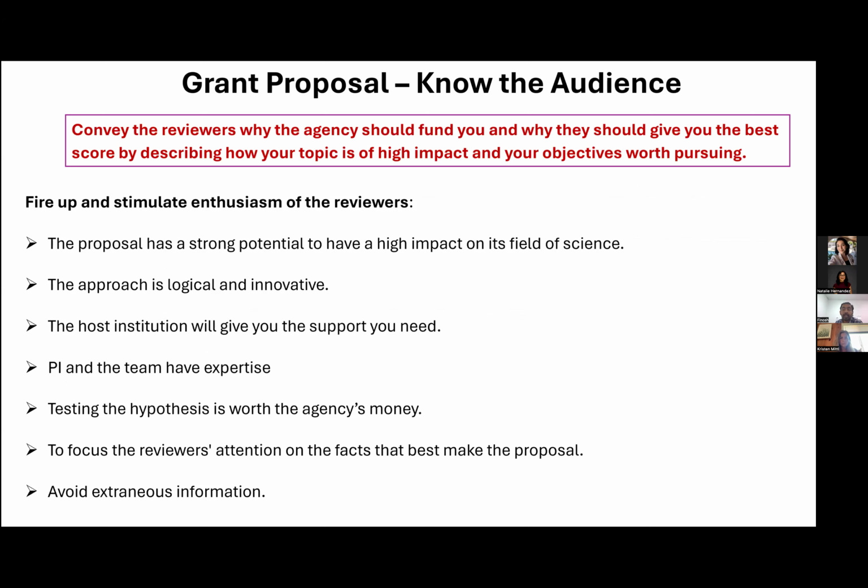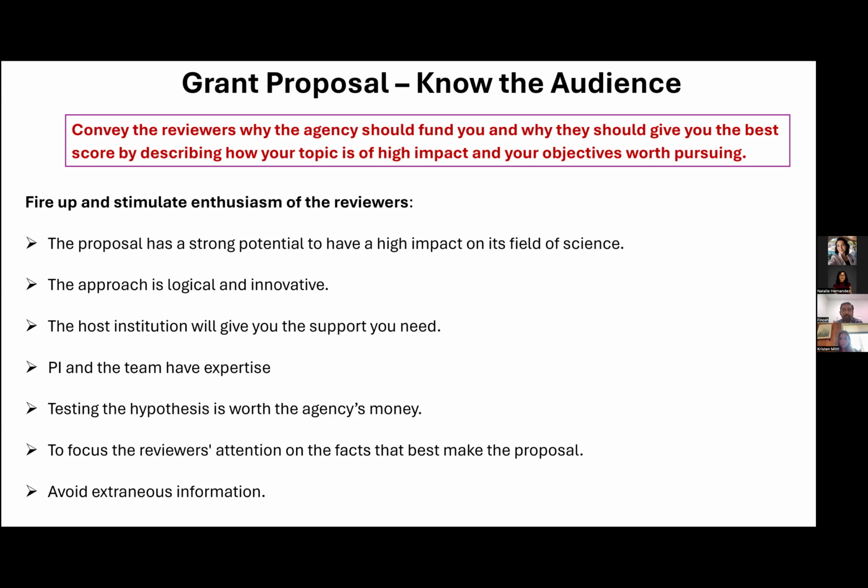Again, very important to know the audience. Always give an indirect message to the reviewers on why the agency should fund you, why they should give you the best score, and how this topic is of high impact and worth pursuing.